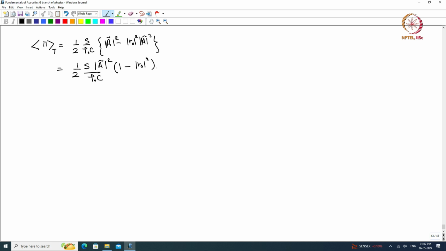Okay. So now you can see that if R0 happens to be plus or minus 1, then this thing is 0.